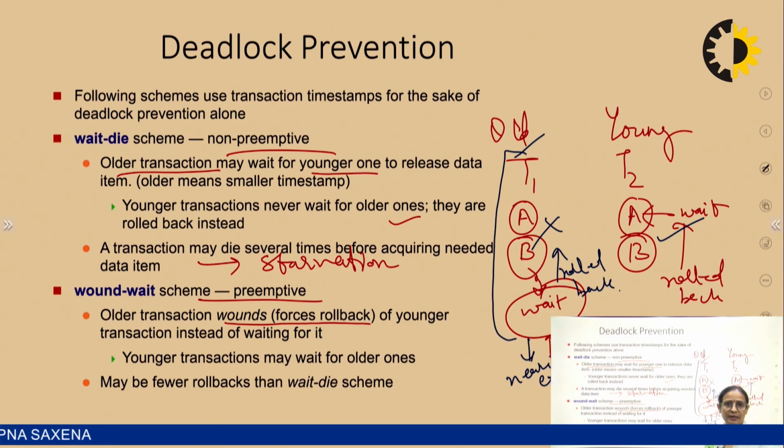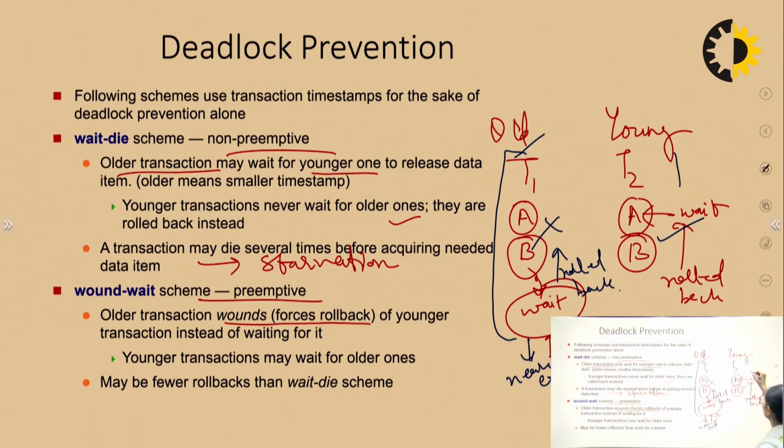Younger transactions have just come into the system, so they need the data item which is already being held by my T1 transaction. And if I am not rolling back the younger transaction, I am rolling back T1, that is the older one. So in that case, fewer rollbacks are required. So in the case of wound wait, we have fewer rollbacks as compared to the wait die scheme.